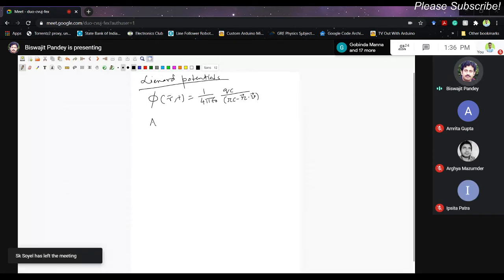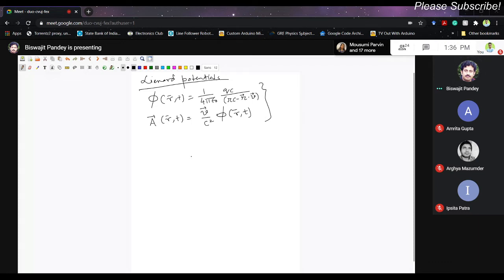The vector potential similarly can be written as velocity times 1 by c square times the scalar potential. So these two give us the potential for a moving point charge at any arbitrary point.